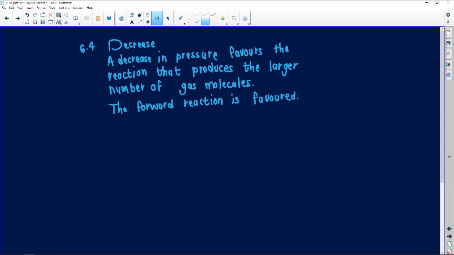What I also like telling my learners is that if you're asked to say decrease, increase, or remains the same, you must also explain your answer. So now we know that we have decreased it. According to Le Chatelier's principle, when we decrease pressure, you have to tell the examiner what Le Chatelier says. What I always tell my children: write as though you are explaining to somebody who does not know physics.